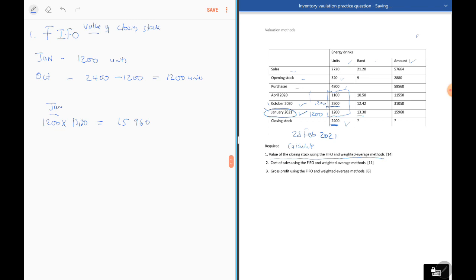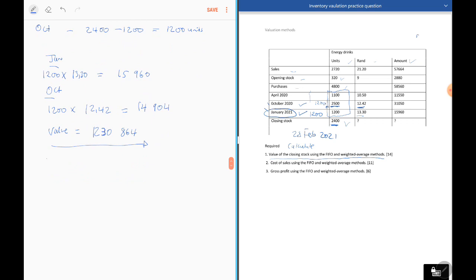For October, you multiply 1,200 units by 12.42, the cost price of the October items. 12.42 times 1,200 gives you 14,904. The value of closing stock using FIFO is then 80,864.